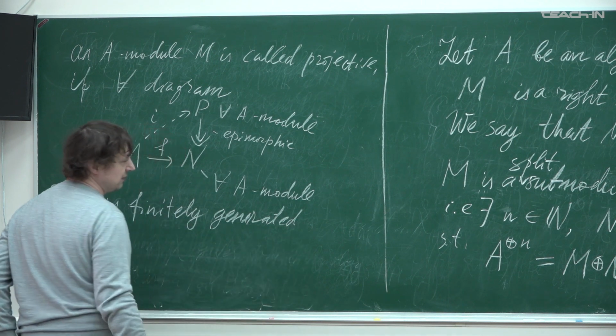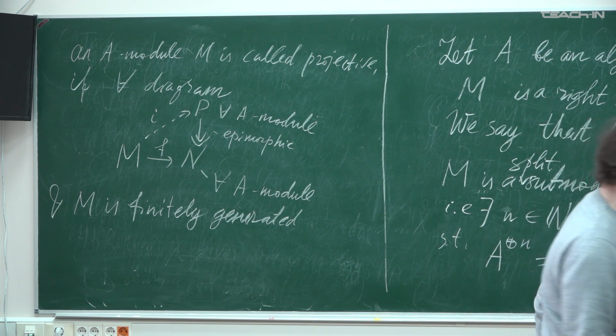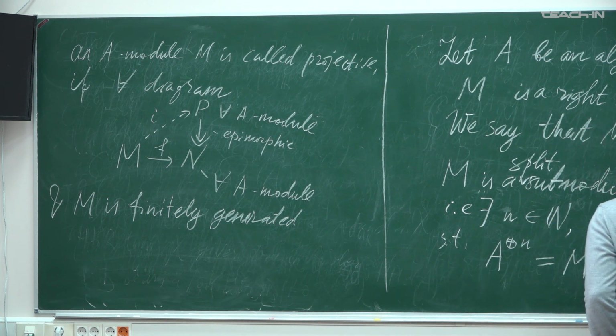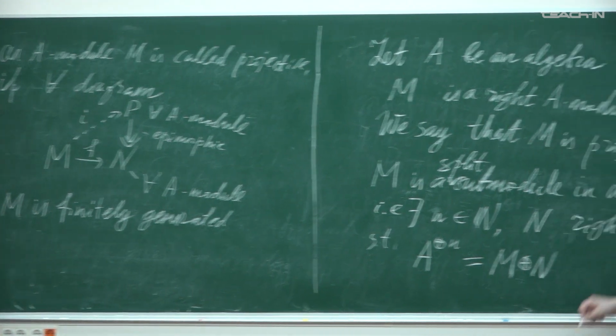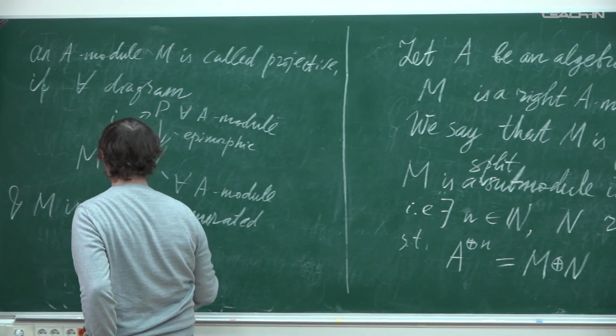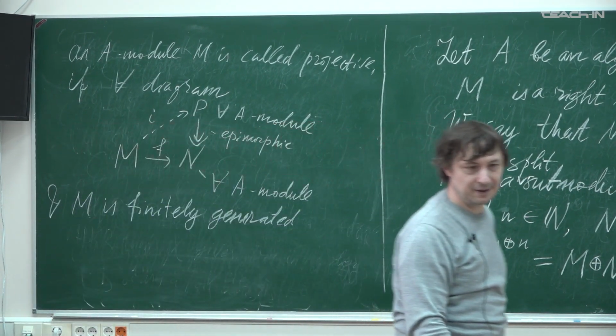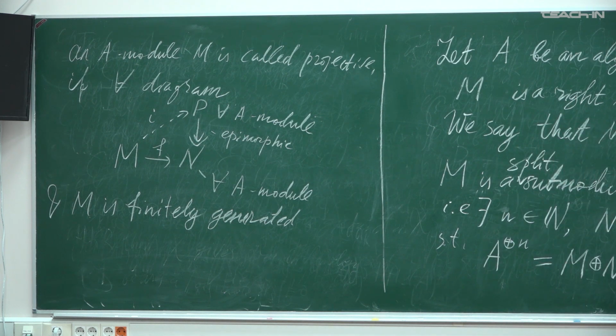Sometimes people actually distinguish between just projective modules and finitely generated projective modules. So if you want, you can add here that M is finitely generated projective. But then you need to add this condition. For me all modules will be finitely generated, so I will not distinguish between the two notions.